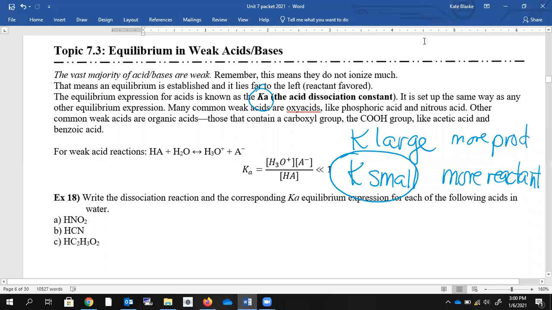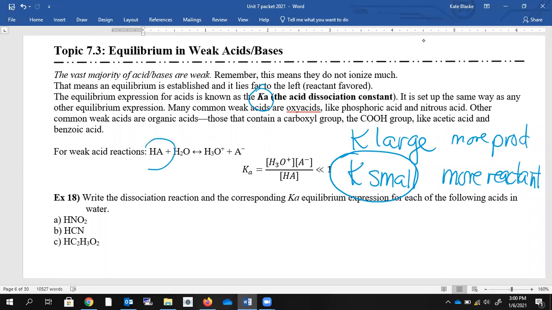The one thing that is nice about equilibrium in acids and bases compared to general equilibrium like we did in Unit 6 is that acid and base dissociation, or when they react with water to either gain or lose a proton, has a very set formulaic reaction. So you will see this often when we're talking about weak acids in general.